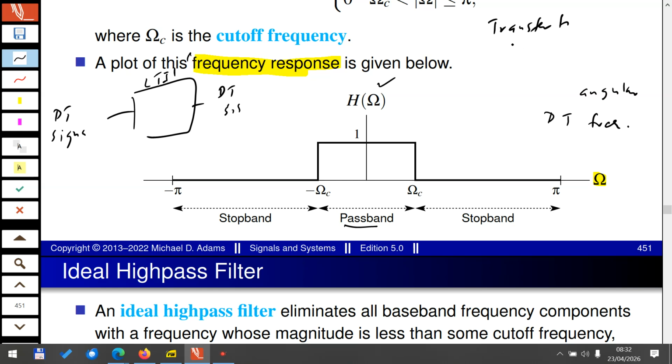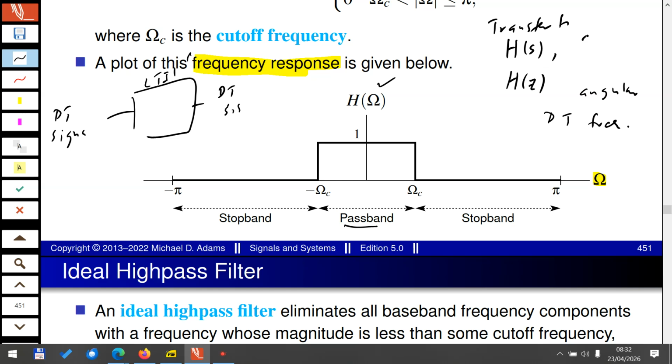If H is the transfer function, in continuous time it will take s, the Laplace variable, and in discrete time it will take z. We are yet to discover the z transform, but the counterpart of s in discrete time is z.